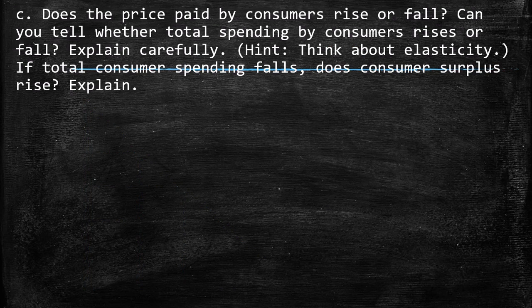C. Does the price paid by consumers rise or fall? Can you tell whether total spending by consumers rises or falls? Explain carefully. So there is a hint. Think about elasticity. If total consumer spending falls, does consumer surplus rise? Explain.